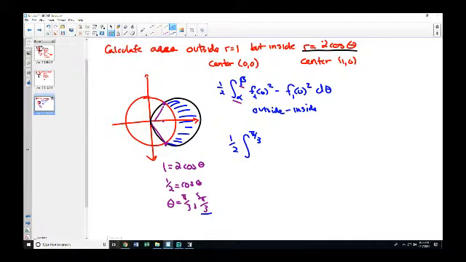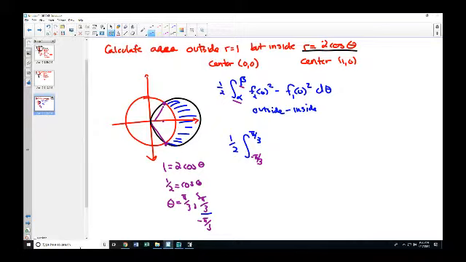If I want to go backwards and start here, negative pi over 3. If I take negative pi over 3, that's the same spot. So now it's going to go from negative to positive. Okay, so just be careful there.